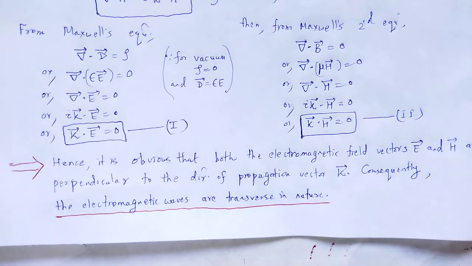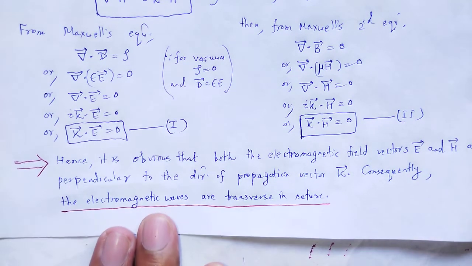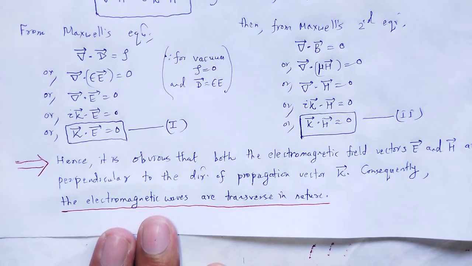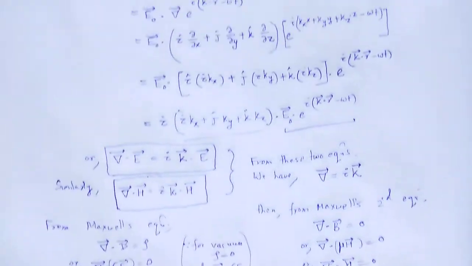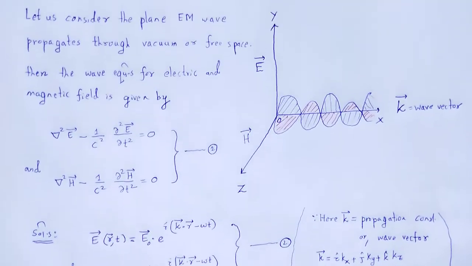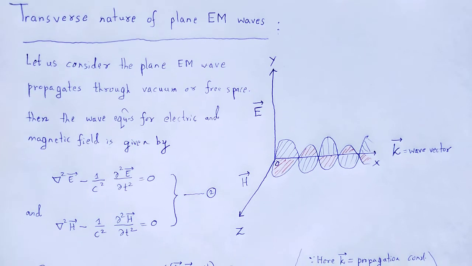We can mathematically show it by using Maxwell's equations and the equations for electromagnetic waves. So, with the help of this video lecture, we understand the concept of transverse nature of plane electromagnetic waves.